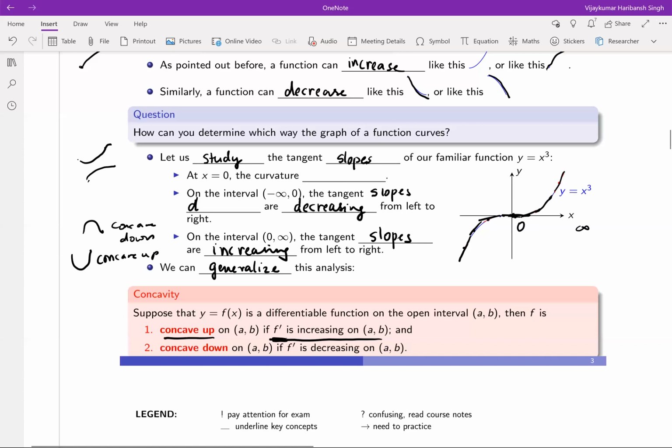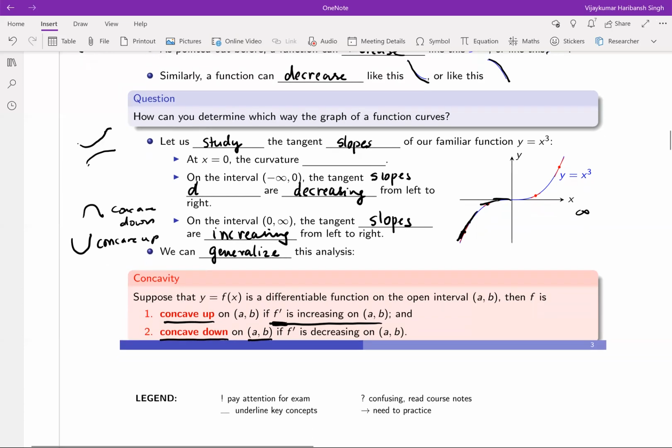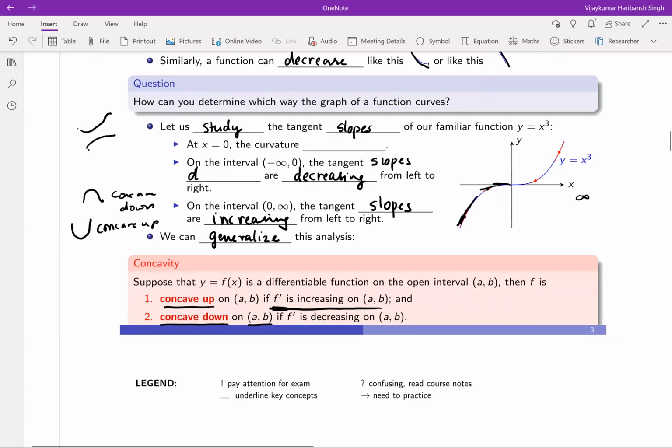So we're talking about an interval. Similarly, a function is concave down on interval AB if f prime is decreasing on AB, as you saw in this case here. It was earlier positive and then it decreases down to become 0. So this is the idea about concavity.